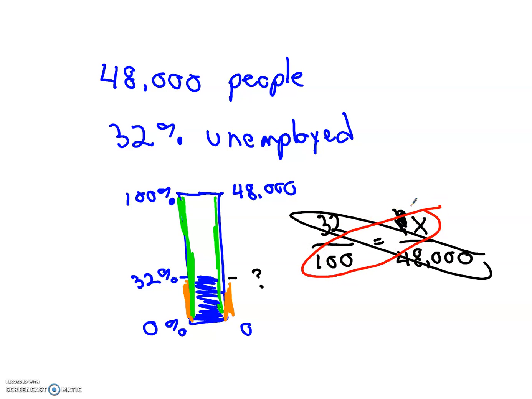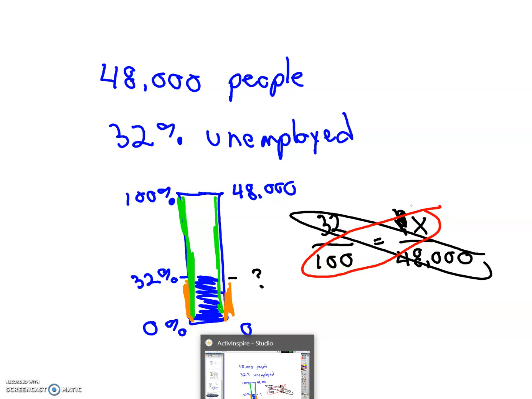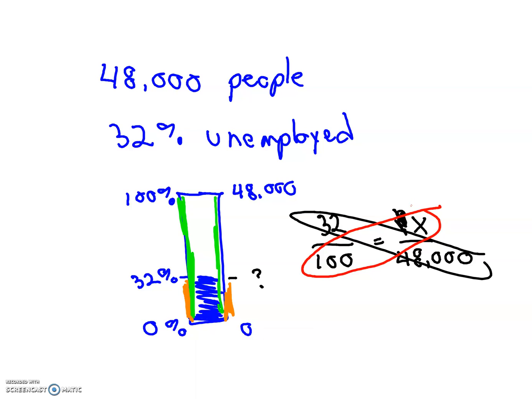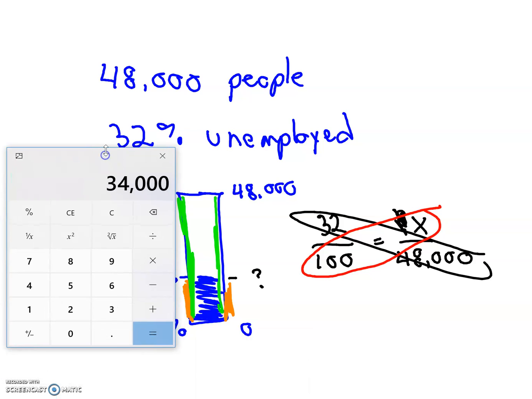So we grabbed a calculator and multiplied 32 times 48,000, which is 1,536,000. That's got to be the same thing as 100 times x.